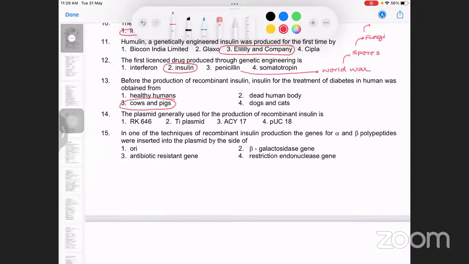Yes, can anyone? Sir, two students answered as Ti plasmid. It is not Ti plasmid.